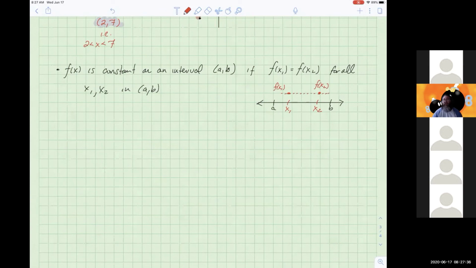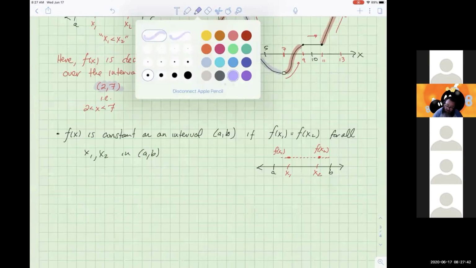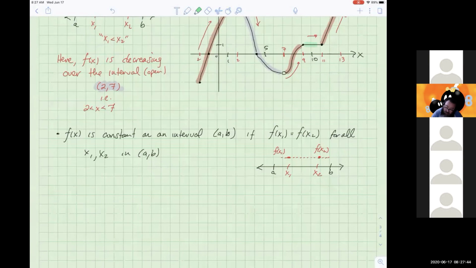That is to say, the function is not rising or falling from left to right. And for us, it's going to be this interval right here. So f of x is constant over the interval 9 to 11.